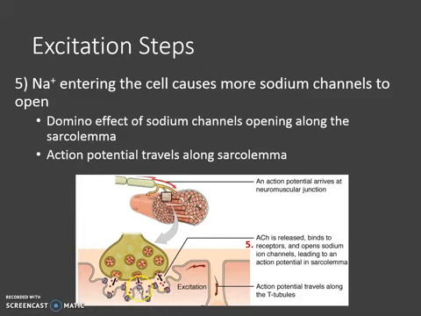Once these sodium channels open, sodium channels over here are also going to open, and sodium channels in the T-tubule are also going to open. So it's a domino effect where these are opened by acetylcholine. The ones that would be out here are opened by the fact that the other sodium channels are already opened. So once you get it started, it kind of goes from there.